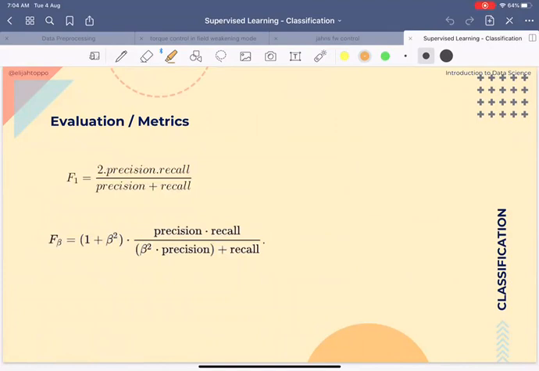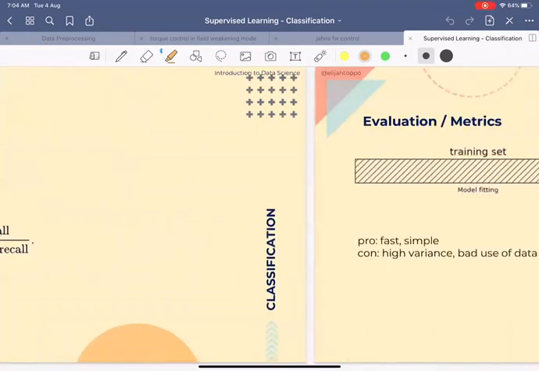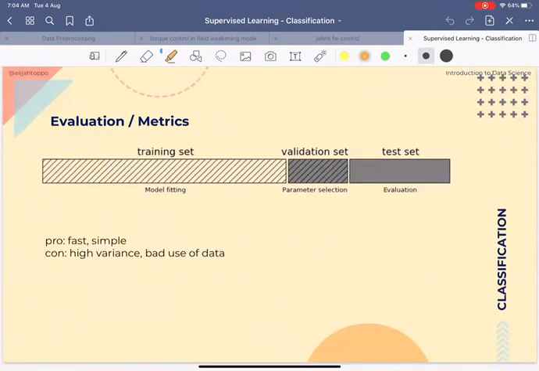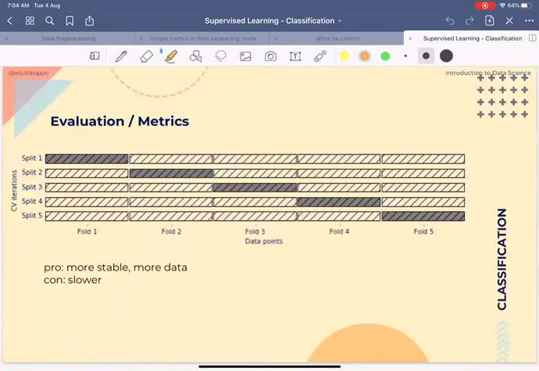F beta is where we can choose the importance, whether we want to give precision more importance or recall more importance, and so on. We also saw the threefold split of data into training, validation, and test. We saw k-fold validation, or cross validation.